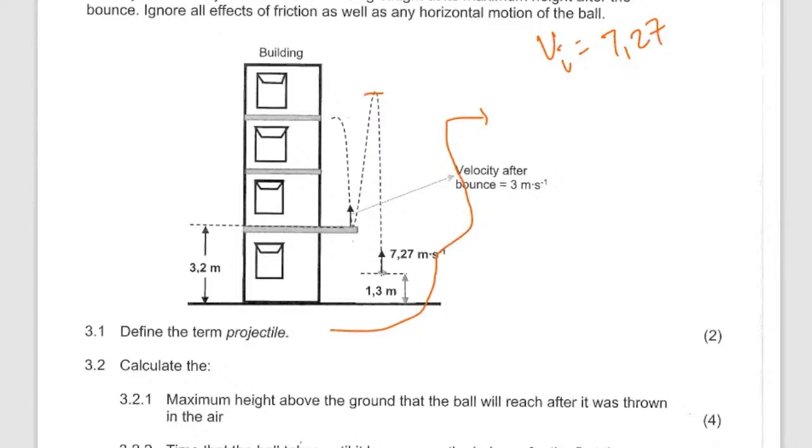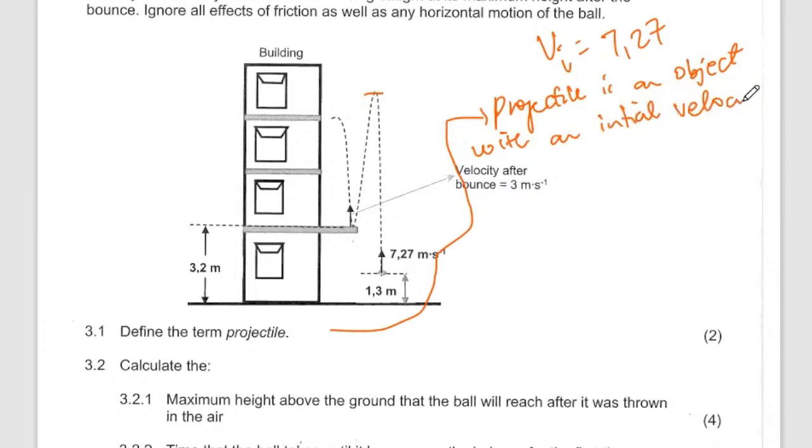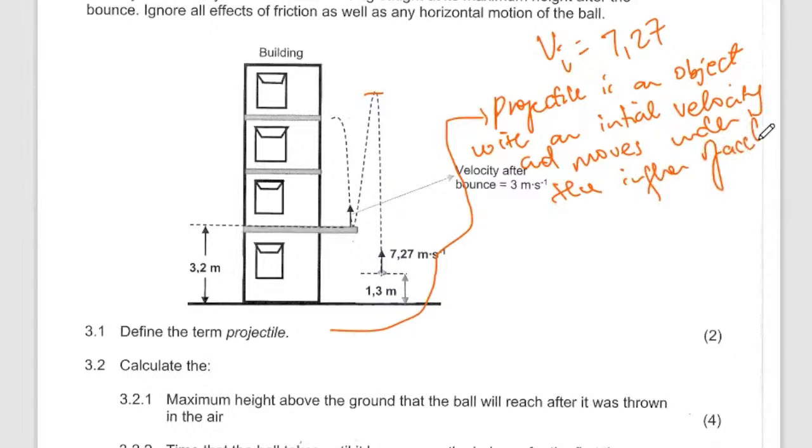So a projectile is an object with an initial velocity, and then it moves under the influence of the acceleration due to gravity.